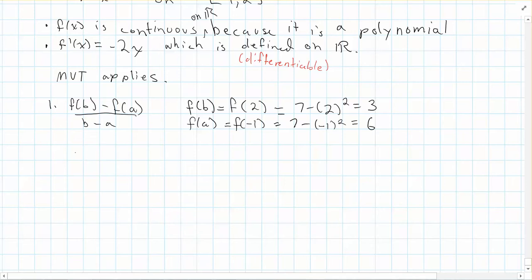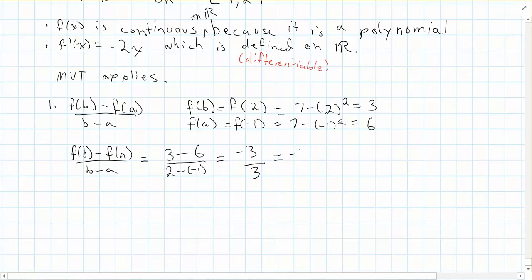And so f at b minus f at a over b minus a would equal 3 minus 6 over 2 minus -1, which would be -3 over 3, which equals -1.